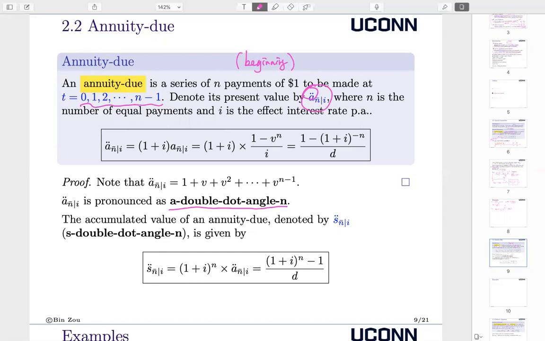I directly give you this formula because I expect it's rather straightforward. We already did a angle n. What is the difference between a angle n and a double dot angle n?